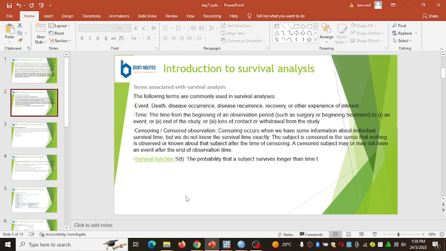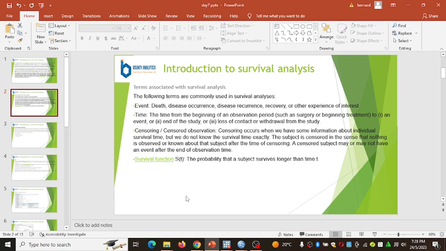Censoring is an essential aspect of this analysis because it provides information about subjects who are still at risk of experiencing those events.